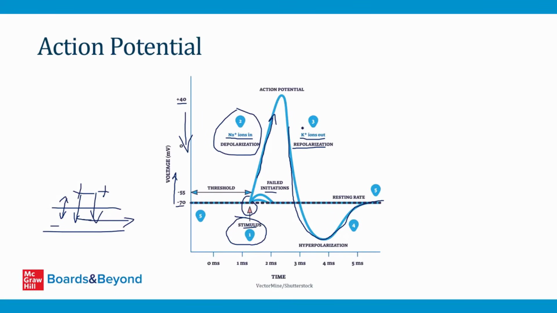And then in repolarization, you're going to have potassium ions leaking out, and that's going to cause the membrane voltage to go back down. And then it's going to briefly hyperpolarize, but then come back to the resting state of -70 millivolts right here. And as you can see in the x-axis here, this whole process just takes a few milliseconds to occur. So this is a very, very rapid process going on all the time in the neurons inside our brain and in our peripheral nervous system.